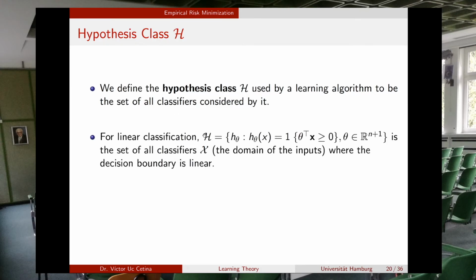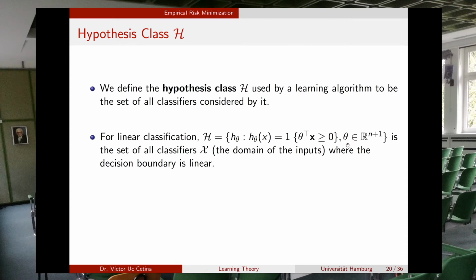So for linear classification, this hypothesis class is defined as all the hypotheses that will give a 1 or a 0, depending on whether the dot product is larger than or equal to 0.